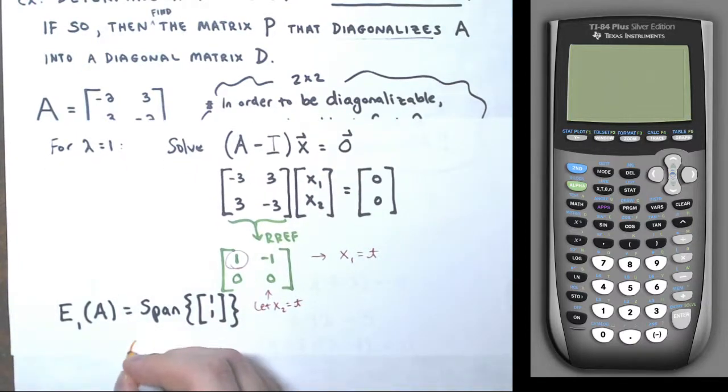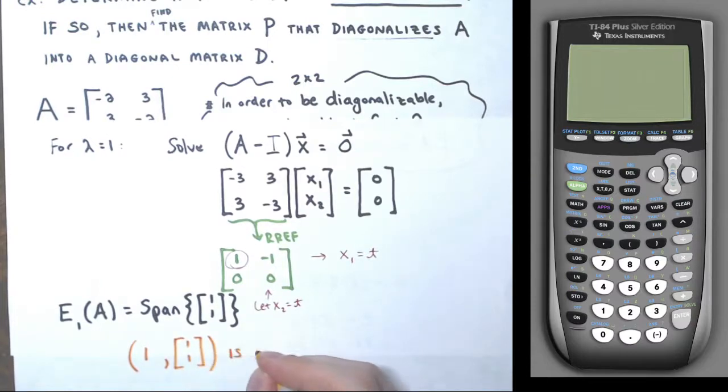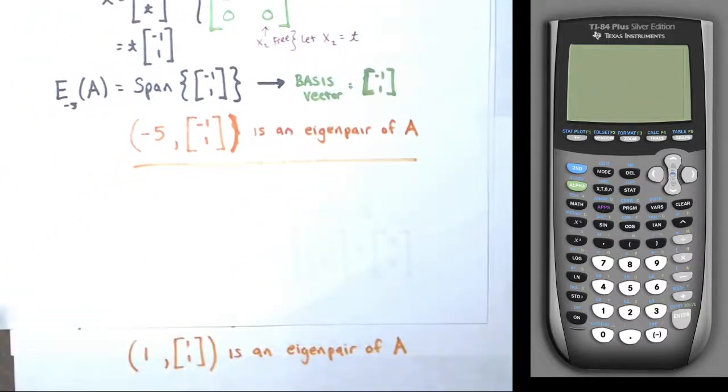So I'm going to use this eigenpair: the eigenvalue of 1 with the vector 1, 1 is another eigenpair of matrix A. So I have found 2 independent eigenvectors, 2 eigenpairs.